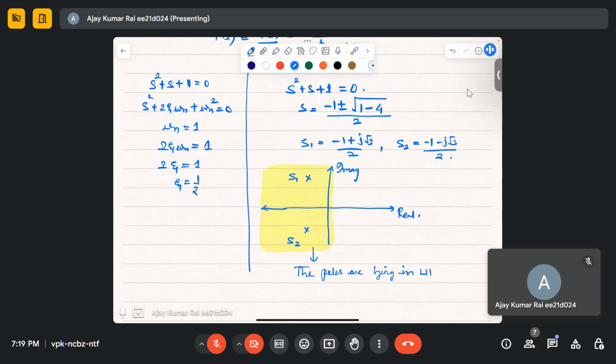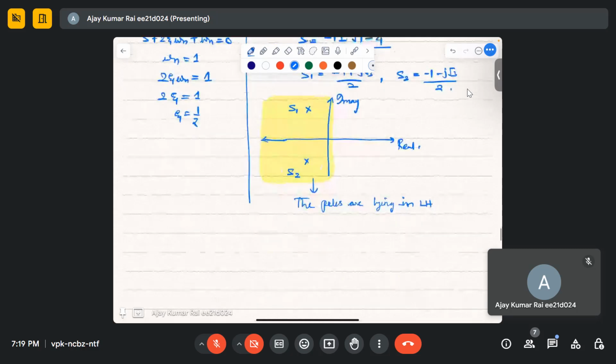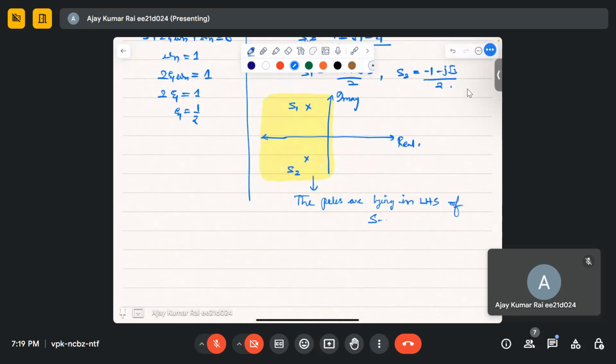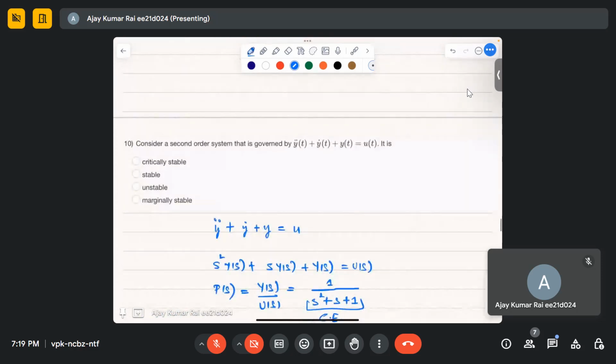Is the system stable or not? Stable. Correct.